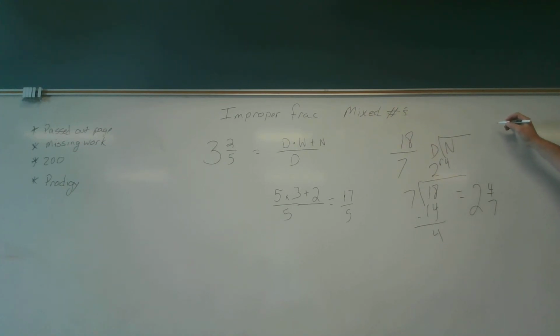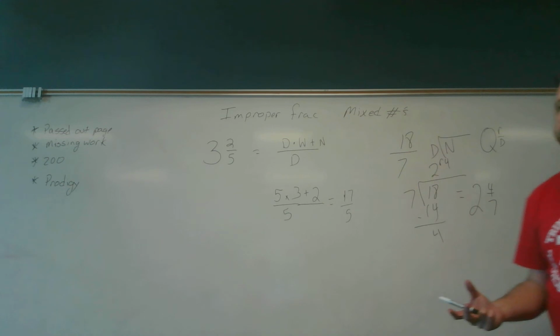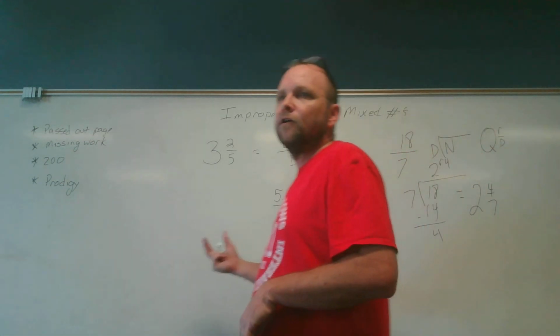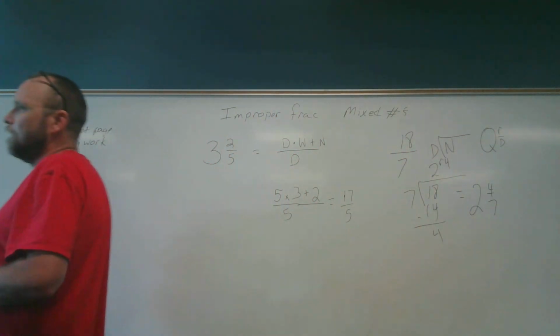If you remember here, our quotient is our whole number, our remainder is our numerator, and our denominator stays the same. If there is no remainder, your answer just stays a whole number.